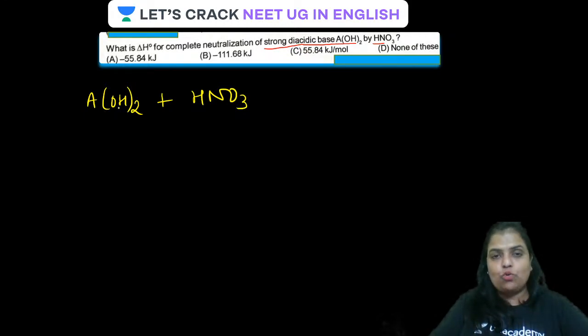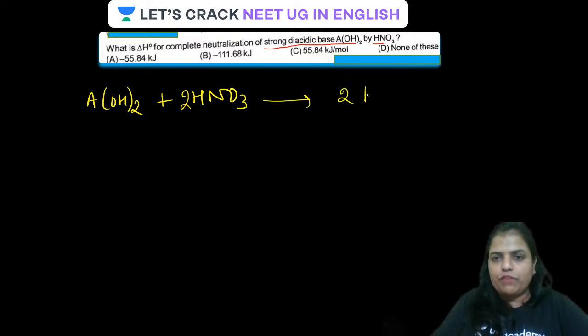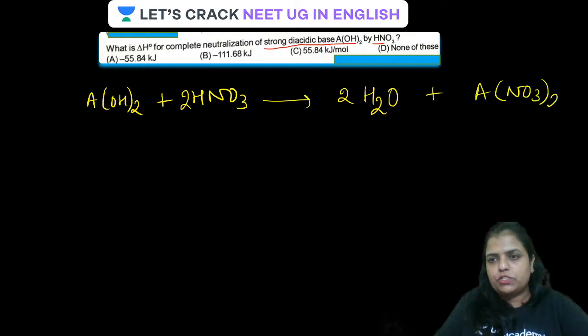This loses 2 OH minus per molecule, whereas HNO3 is monoacidic, so it loses 1 H plus per molecule. So it is very clear from here that this will react with 2 moles of nitric acid and this will give 2 moles of water along with 1 mole of the salt.